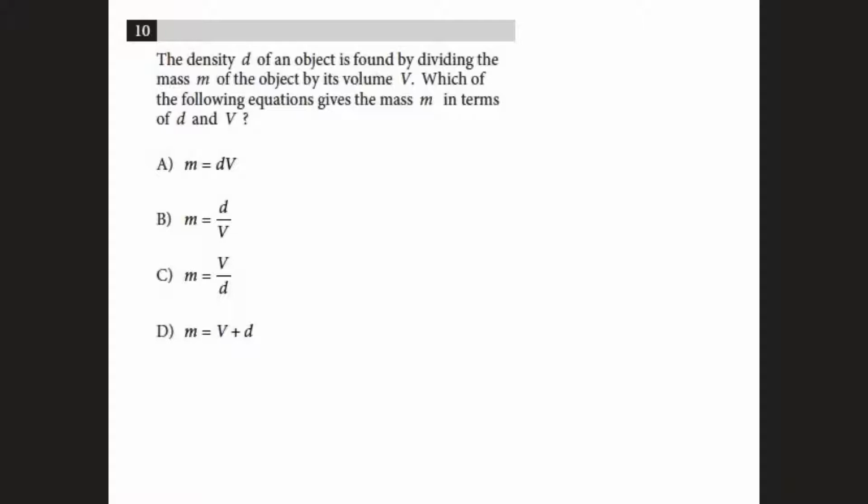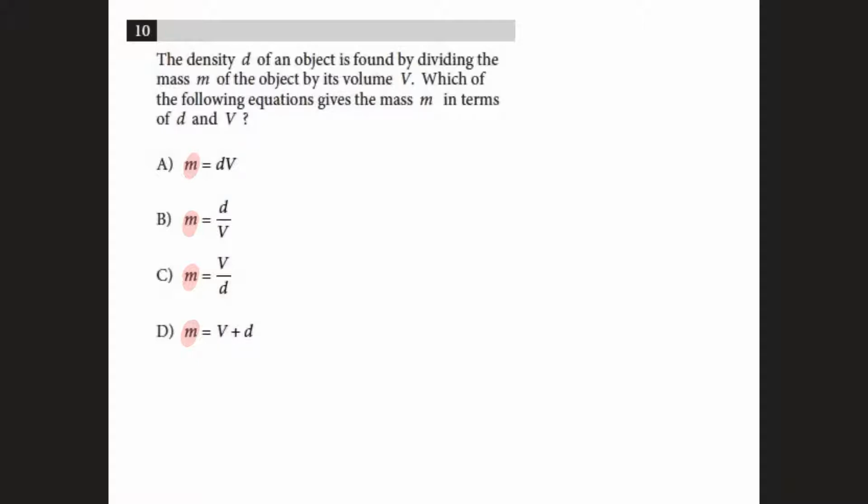Number 10. The density d of an object is found by dividing the mass m of the object by its volume v. Which of the following equations gives the mass m in terms of d and v? Okay, this is a common type of problem. All we're doing here is solving for a given variable.